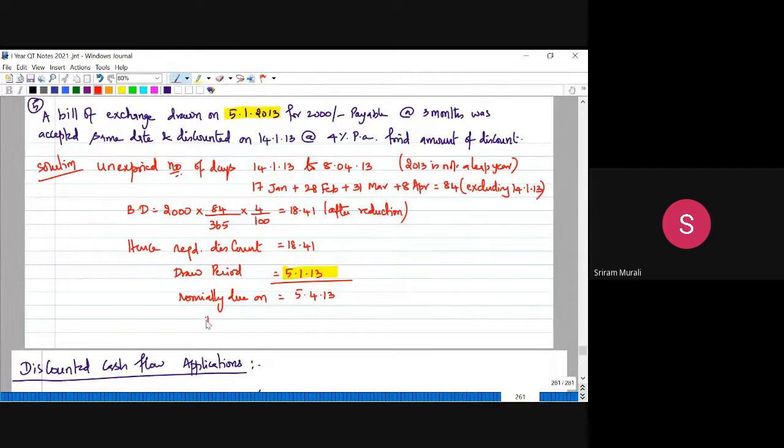What is the grace period? In the above, I said it is 3 days. So this is my 8th. This is legally due. So the amount of discount is 18.41.